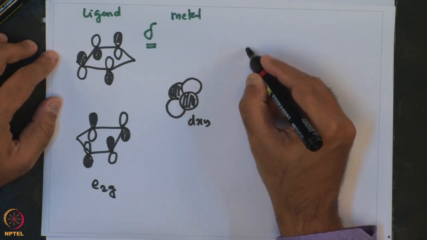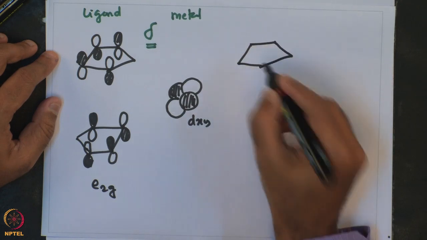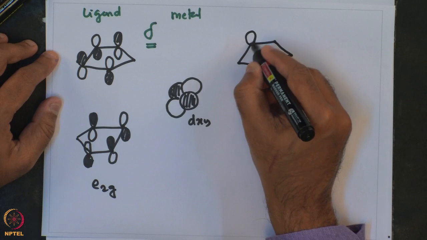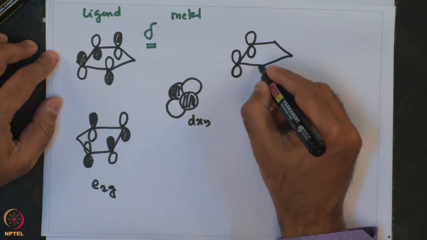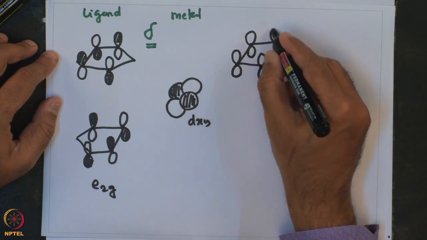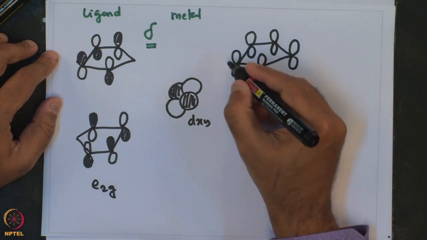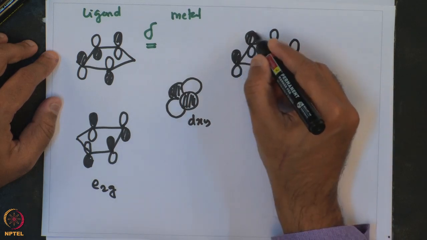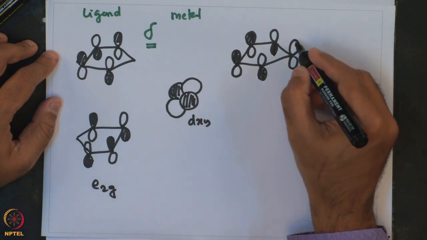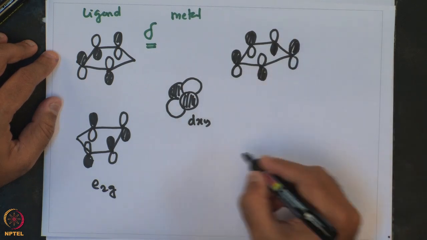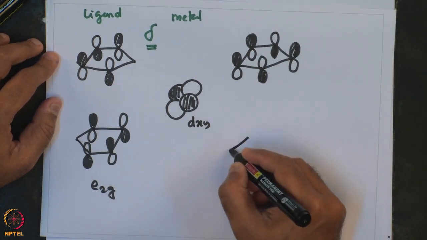Similarly, the other metal orbital for the E2g group would be like this, and the corresponding other Cp.